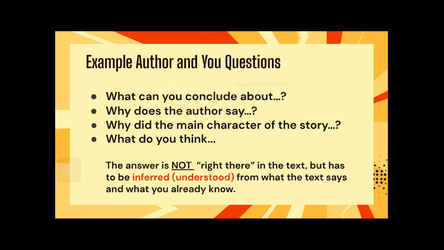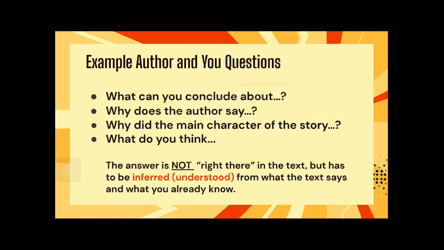So here are some example questions that you might see. What can you conclude about blah, blah, blah is often an author and you question. It's often asking not just what did the text say, but put that together with what you already know to tell me what can you conclude?